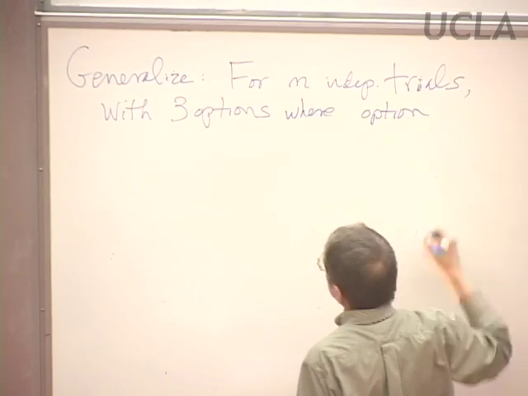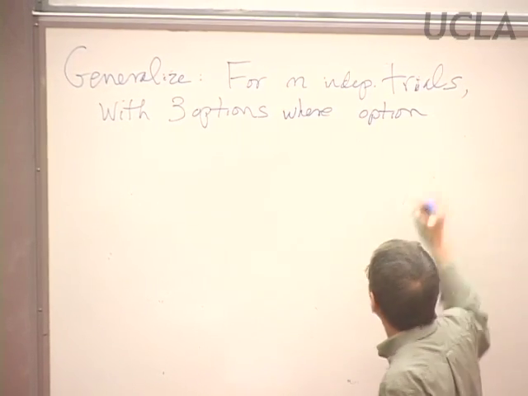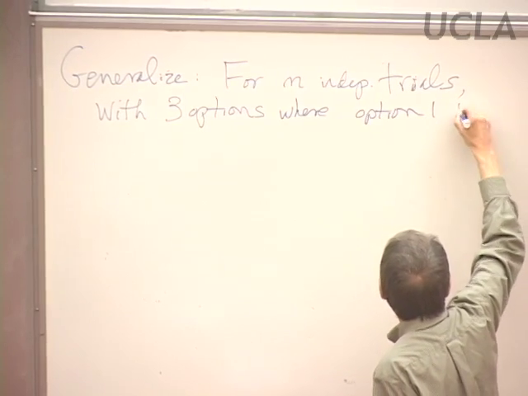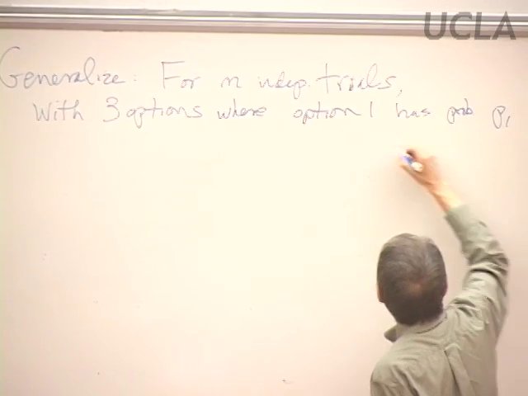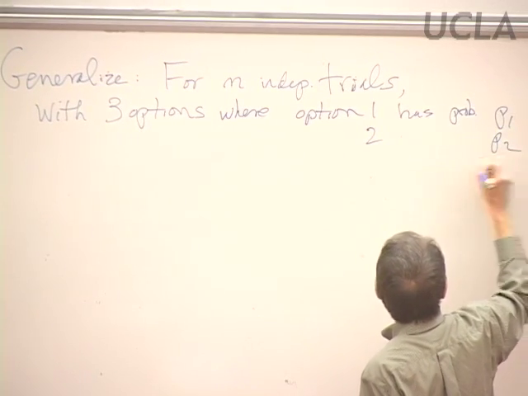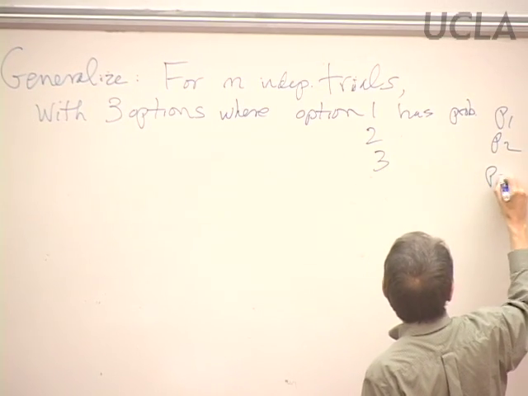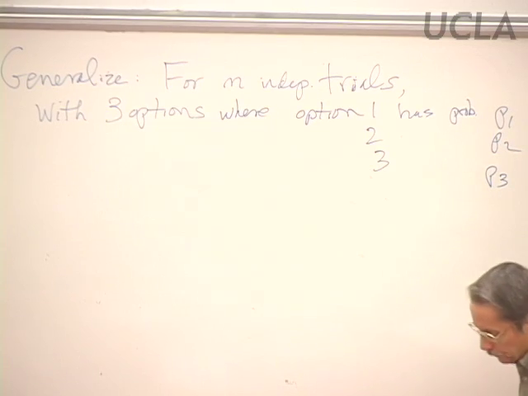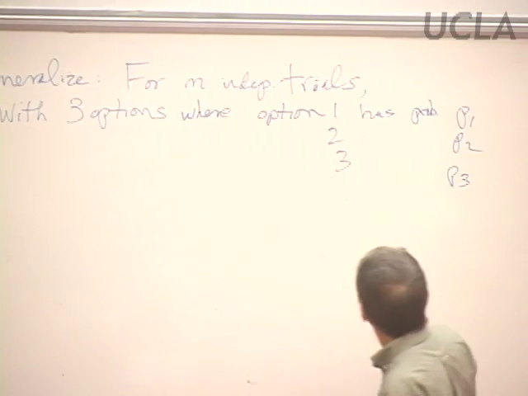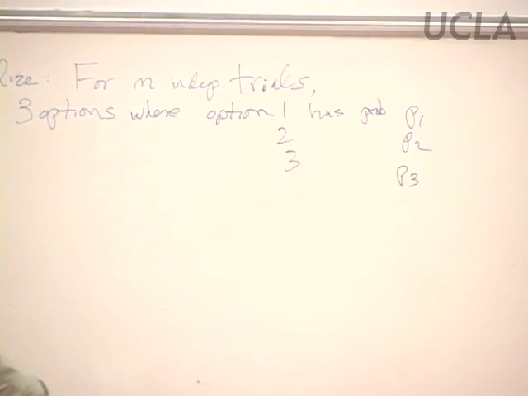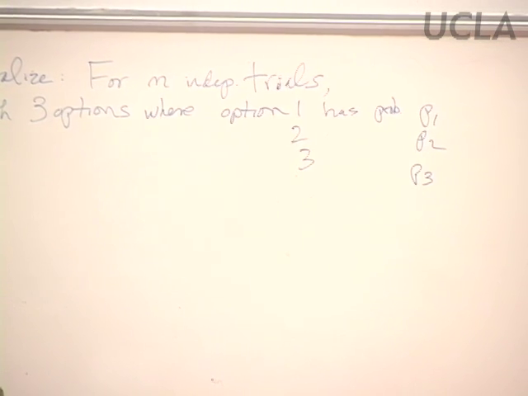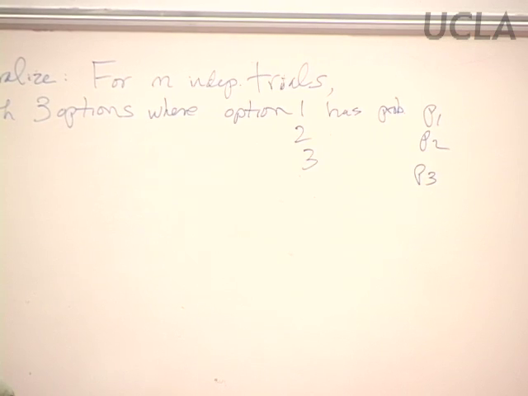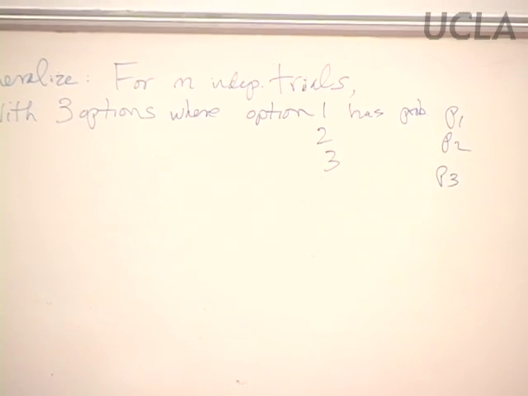So these 3 options have their probabilities. Option 1 has probability P1, P2, P3. And then we want the probability of getting, well, something like a 431, or K1, K2, K3.